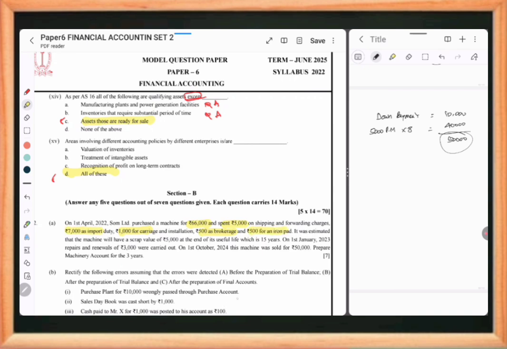So all these expenses will be included in the cost of the plant. It is additional expenditure at the time of purchase. The actual price is only 66,000.